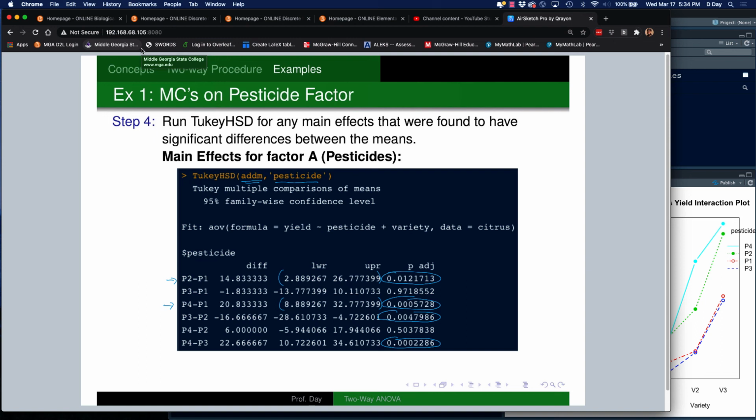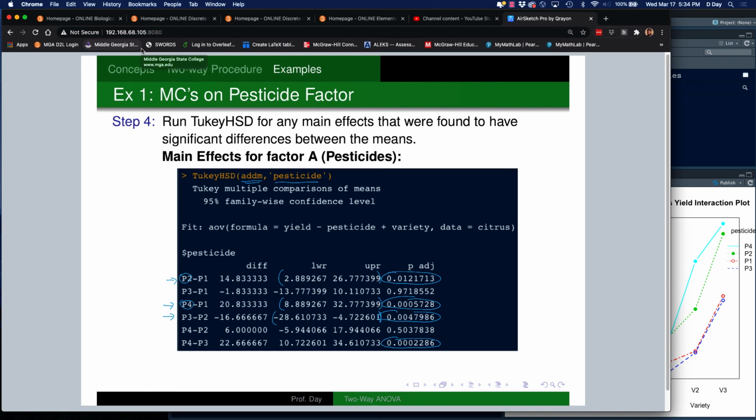The next significant one is P3 compared to P2. Since both endpoints are negative, P3 is smaller than P2, therefore P2 is larger than P3. We talk about it in terms of P2. So here P2 was better than P1. Here P4 was better than P1.